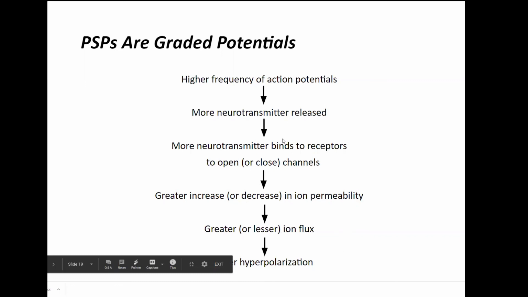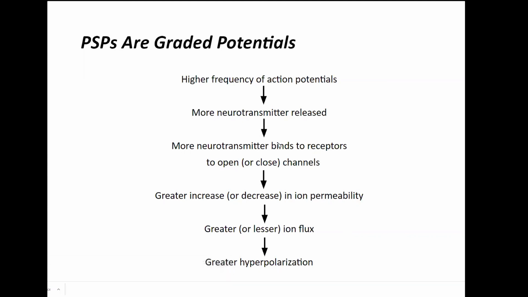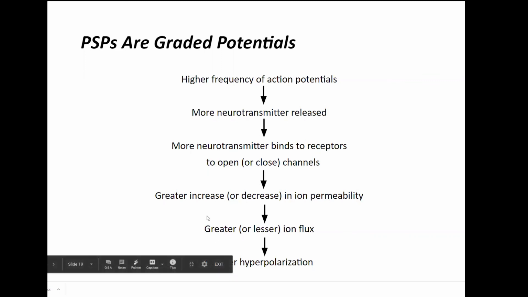To lead to hyperpolarization, we could say that we open potassium channels, we therefore increase potassium permeability, we increase the potassium flux, specifically the potassium flux is outward, leading to hyperpolarization. The other way we could get to hyperpolarization is if we close a sodium channel.